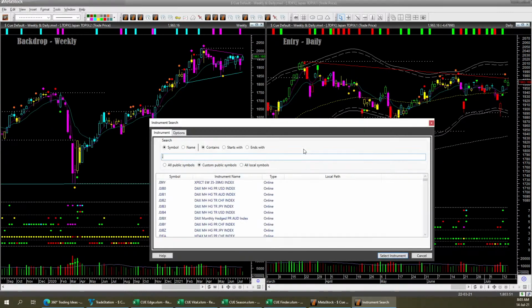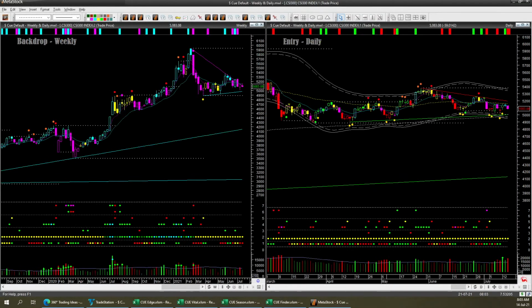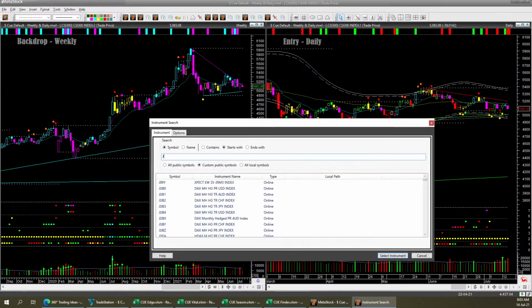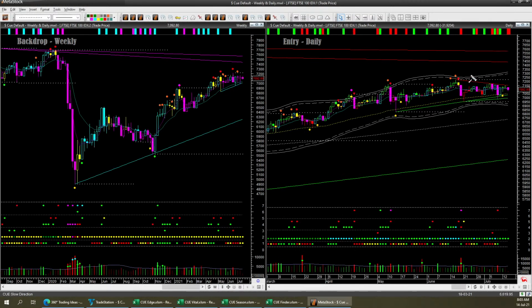Next, China CSI 300 index. This is also moving sideways inside a triangle in weekly and inside a triangle in daily. UK market FTSE index, again moving sideways inside a triangle in daily, inside a narrow range in weekly.